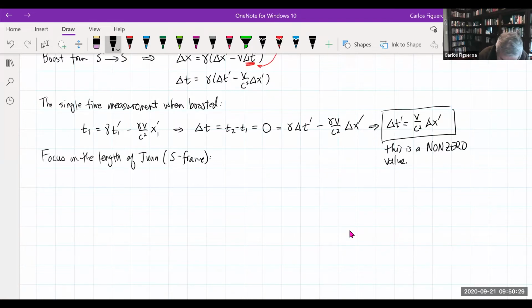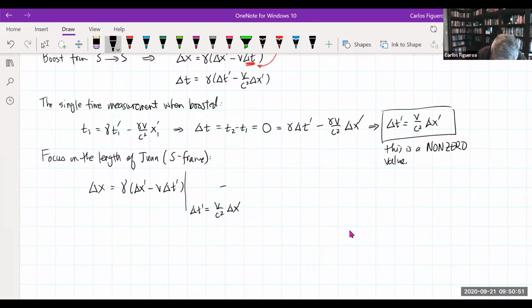So if I do that, we already said that this guy was equal to what? Gamma delta X prime minus V delta T prime. But you could see then that I've got to come in and put this guy here, where delta T prime is then going to be V over C squared delta X prime.